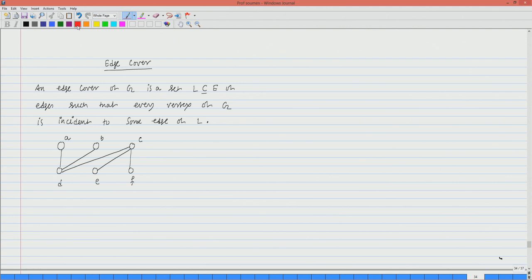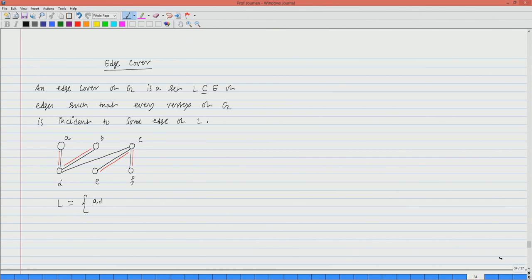Let me consider these edges, for example, AD, DB, EC and FC. So, I consider my L to be these edges.